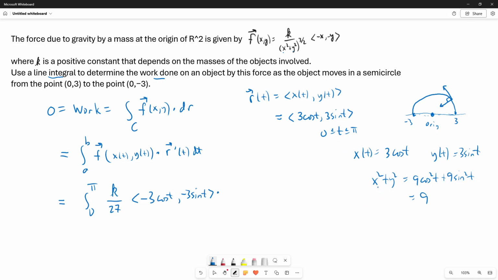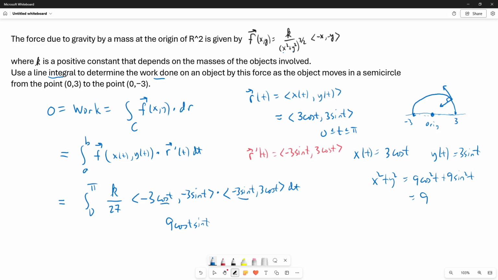r prime of t is negative 3 sine t, comma 3 cosine t. And that goes here: negative 3 sine t, 3 cosine t, dt. And what is this dot product? Negative 3 times negative 3 is 9, and we have a cosine t and a sine t.